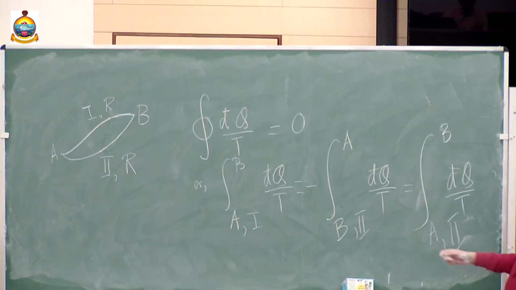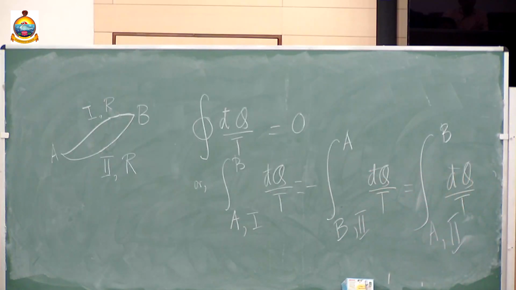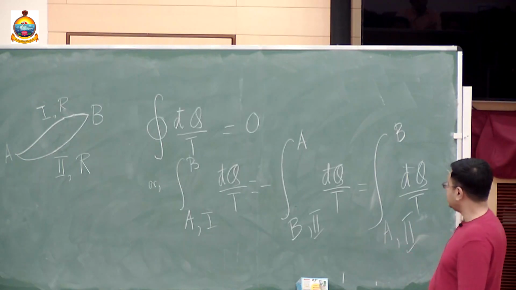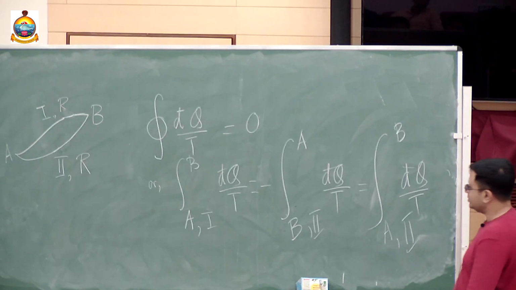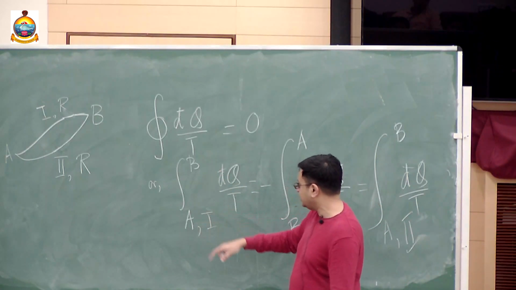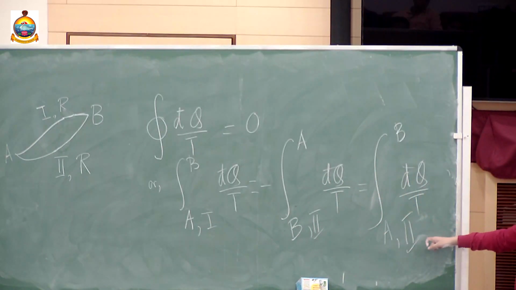Okay, so what I did was I just absorbed this sign and made this integral into one that runs from A to B along path 2. But what this tells me is that I have a quantity d cross q by T that simply doesn't depend on the path that I take to go from A to B. If I evaluate it along path 1, the value that I get is equal to the value that I get if I evaluate it along path 2.